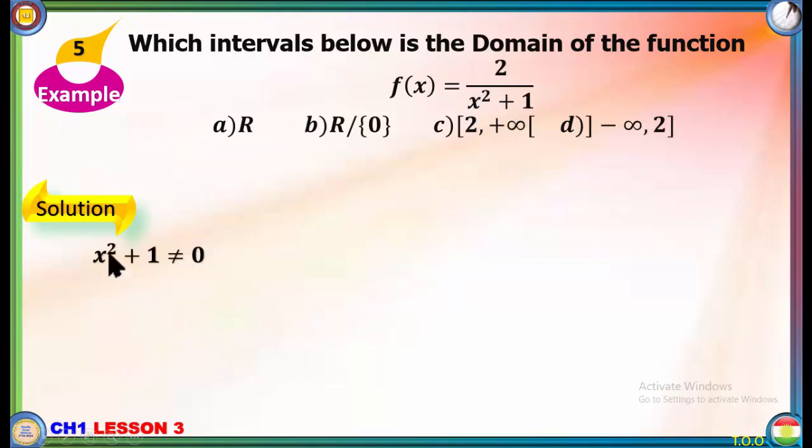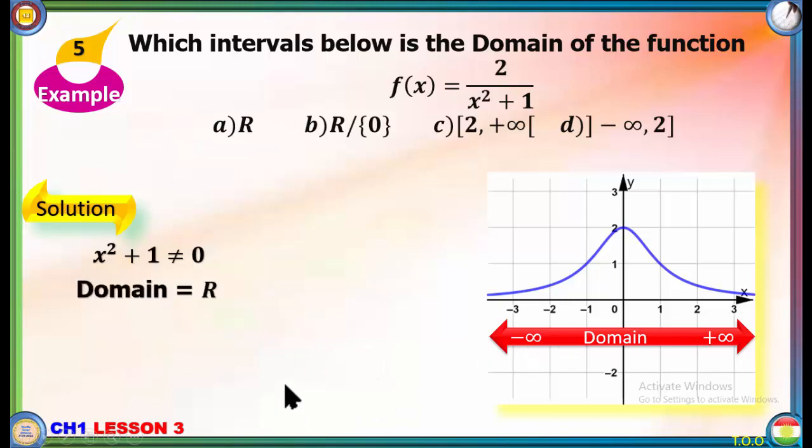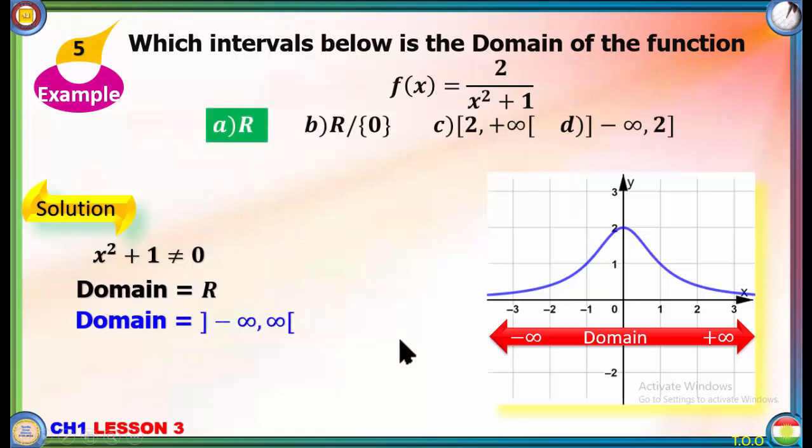Because x squared plus 1 is not equal to 0 whatever the value of x, the domain is all real numbers from minus infinity to positive infinity. R is the correct choice.